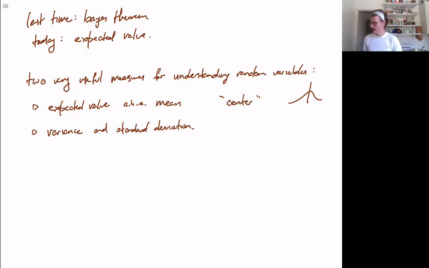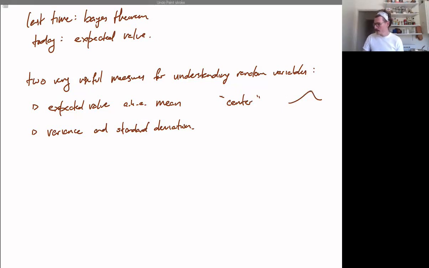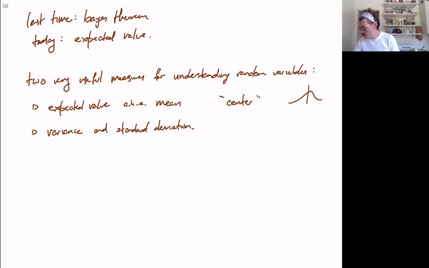Although we'll see some examples, it does not mean that it is the highest point necessarily. It's slightly different from that. Maybe I'll draw it just a bit off of the highest point, to emphasize that it essentially means the center, but it's different from being the most common outcome.